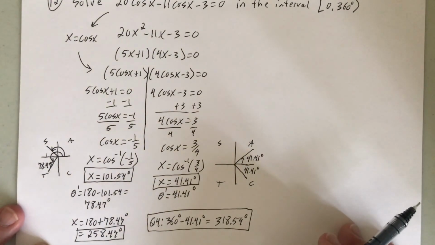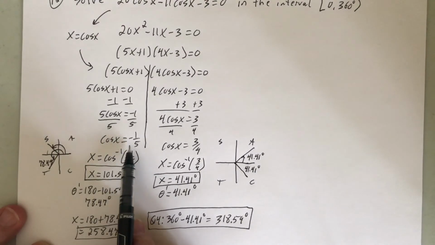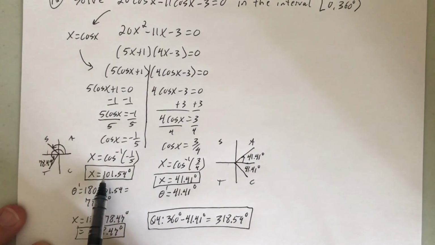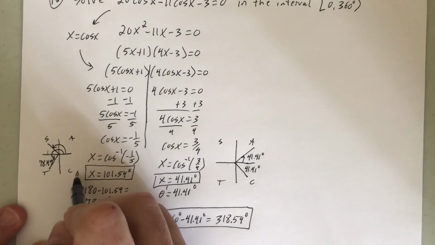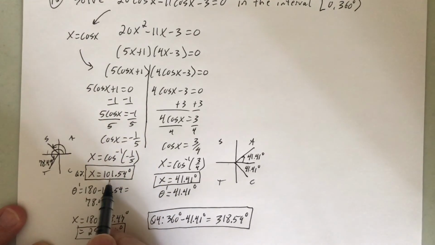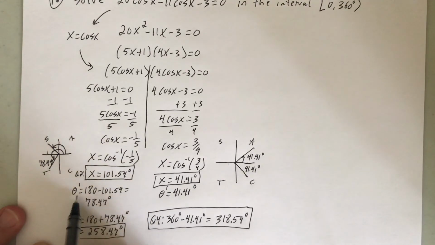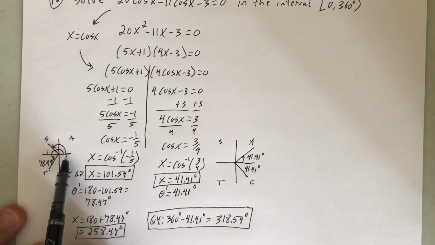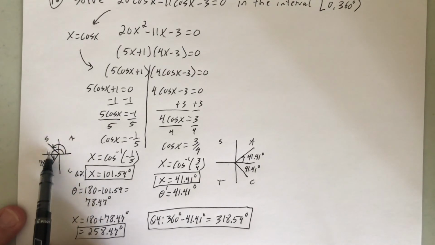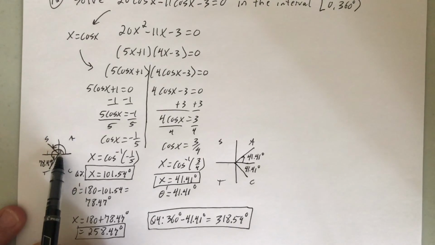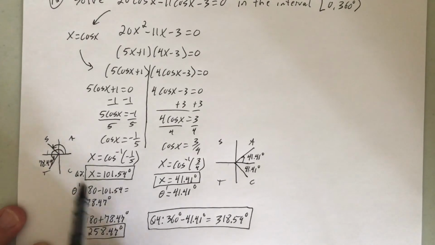So what we have here for the cosine x equals negative 1/5, our quadrant 2 angle, is 101.54. That you got when you actually did the inverse. It gave you that answer. We used that to find our reference angle, which is theta prime. So if you're in quadrant 2, it's 180 minus the 101.54 gives you your reference angle, which was 78.47.